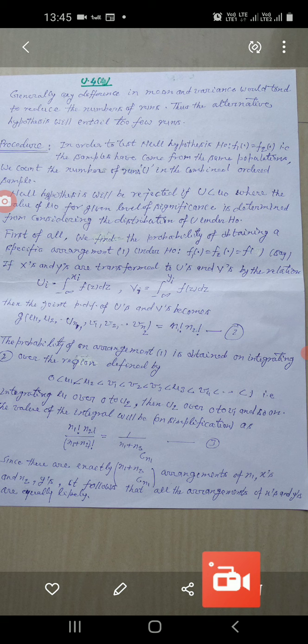The null hypothesis will be rejected if capital U is less than small u0, where the value of u0 for a given level of significance is determined from considering the distribution of capital U under H naught.